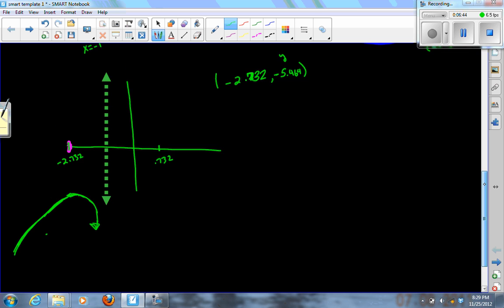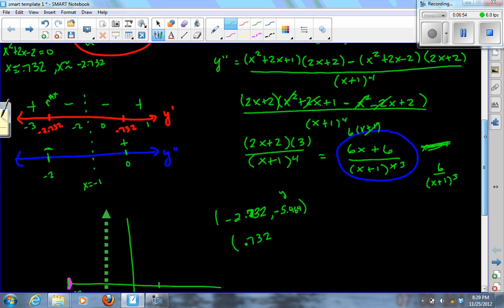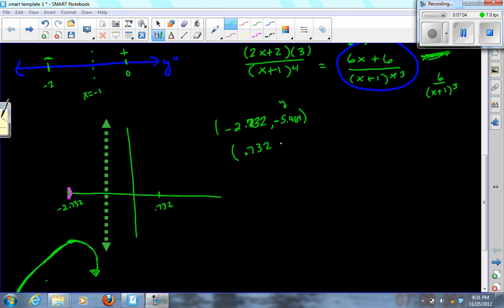Now I suspect I'll have some kind of symmetry and the other part will be up here, but just to double check, I'll stick in .732 into my function, because that's where the min is, looking at my y prime number line. And let me pause this and get that. And I did that and got about 1.5.